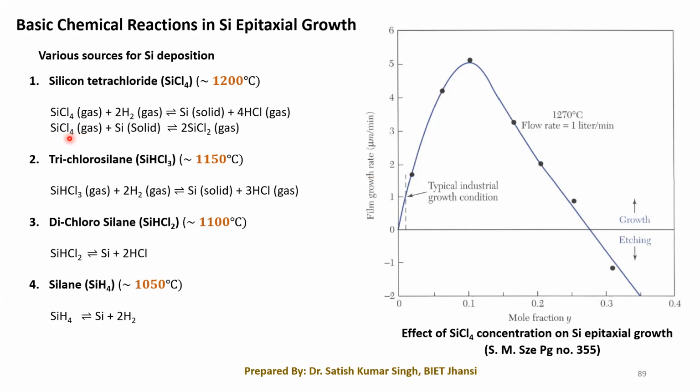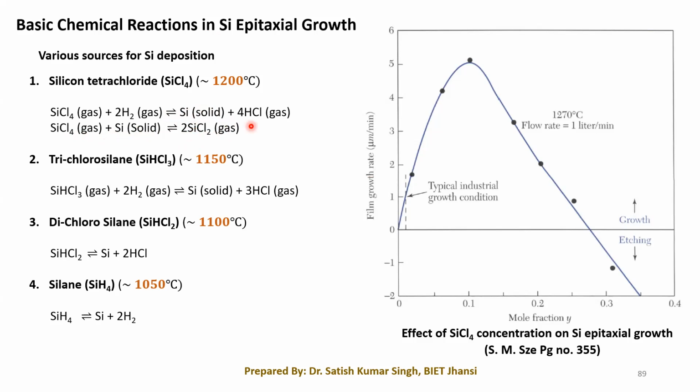So obviously another product that can be formed is this: the SiCl4 gas which is coming, and we have already made a silicon layer. This silicon layer can react and again form the gas SiCl2, because in both cases it is a bidirectional equation. What does it mean?